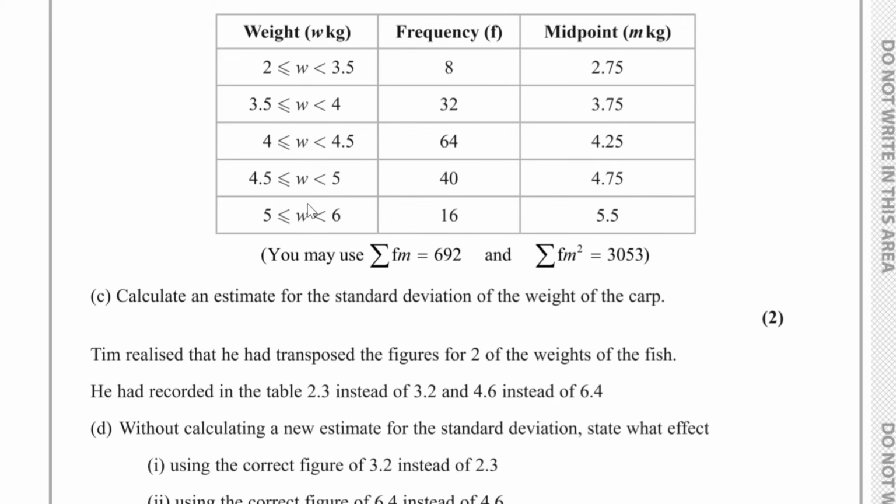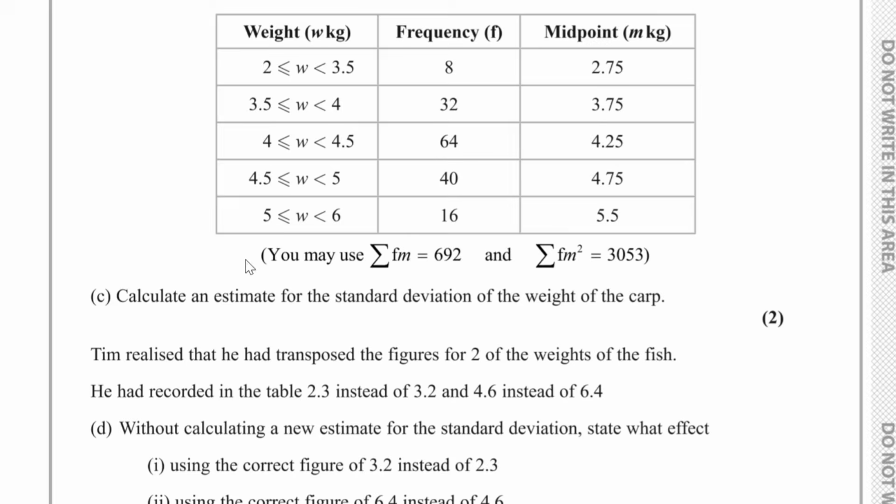Well, 6.4 is outside any of these intervals, and it's clearly larger than the 6, the biggest possible value previously. So the weights are more spread out. That will mean the mean will increase by a small amount because this time we've got a bigger value to consider. And because the weights are more spread out, the standard deviation will also increase.